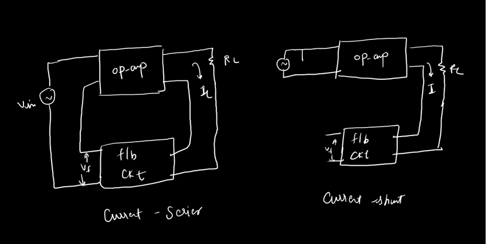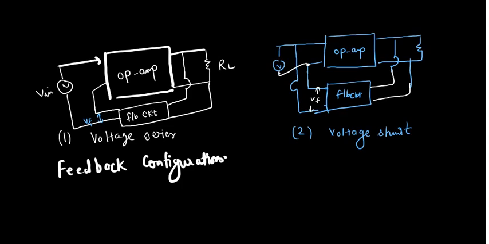Shunt means in parallel. Correct? So current shunt, current series. So these are the 4 configurations which are possible, and these are all the feedback arrangements, right?